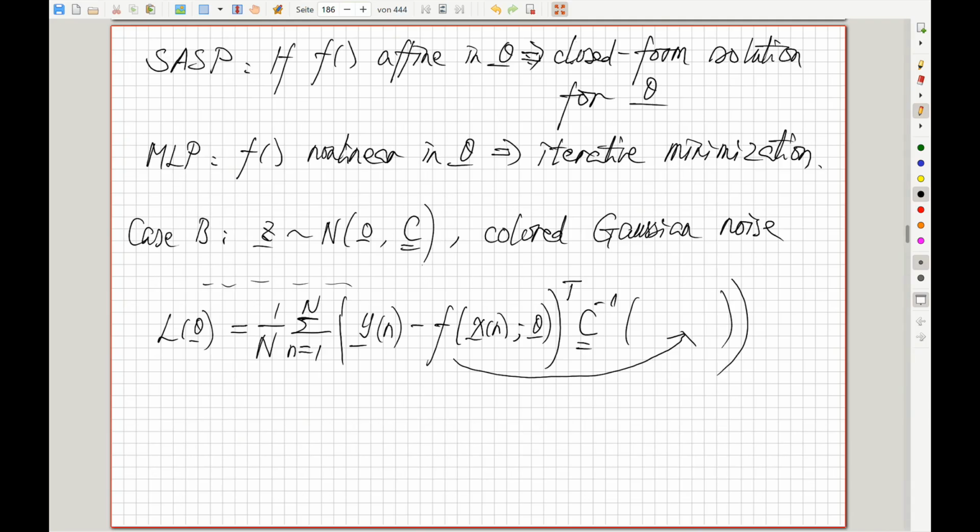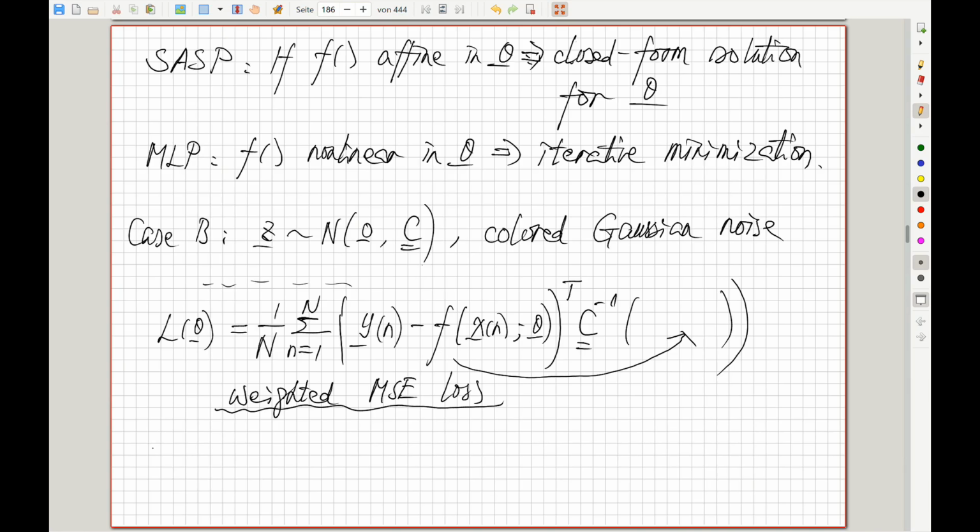And this is no longer the mean square error loss, it's the so-called weighted mean square error loss. For example, assume C is a diagonal covariance matrix with different diagonal elements. Different elements in the error vector will be multiplied with different diagonal elements of the covariance matrix. So we pay more attention to some elements of the error vector, and less attention to the others. So the covariance matrix is introduced to do some weighting in the mean square error loss.